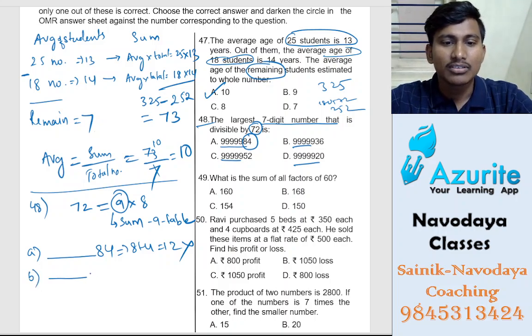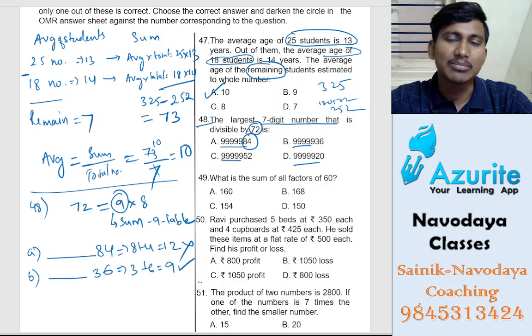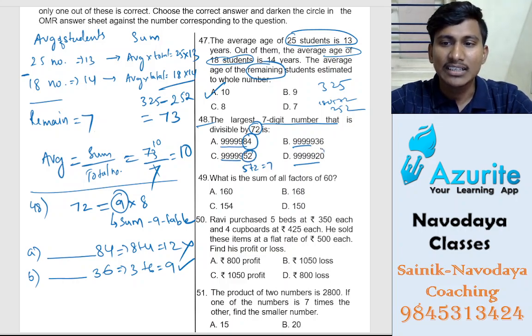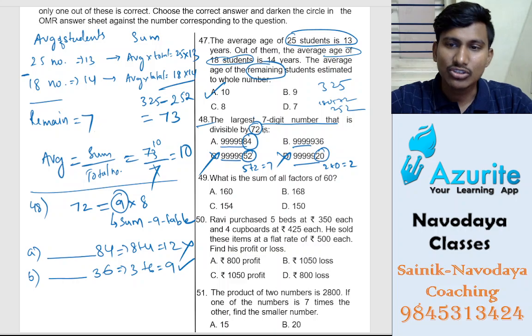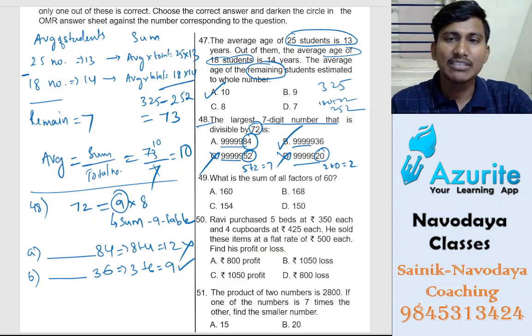This is all 9s and 3 6 is there. So 3 plus 6 is 9 here. It will come in the 9 table. Yes, that is the only answer, because here 5 plus 2 is 7, and here 2 plus 0 is 2 only. So C and D will not come. Only B will come.